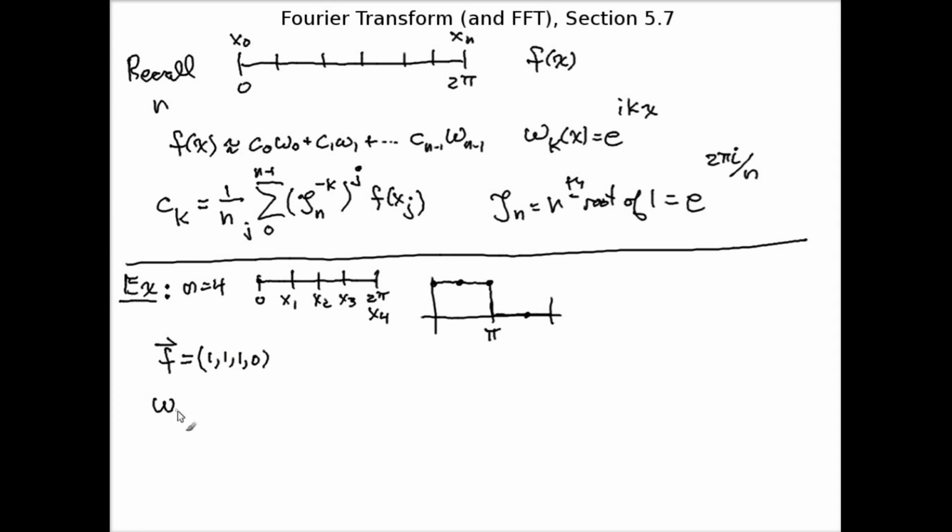And then you sort of prime the pump by computing these omega vectors. Omega 0 is 1, 1, 1, 1. And what's omega 1? Well, omega 1 is the values of the function omega 1 of x, which is e to the ix at these 4 points.